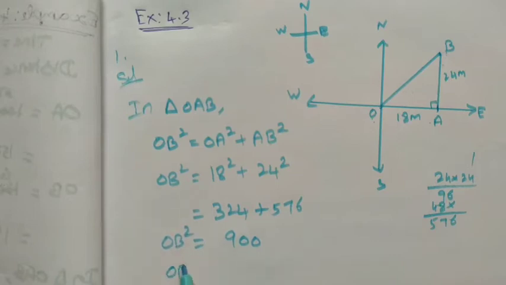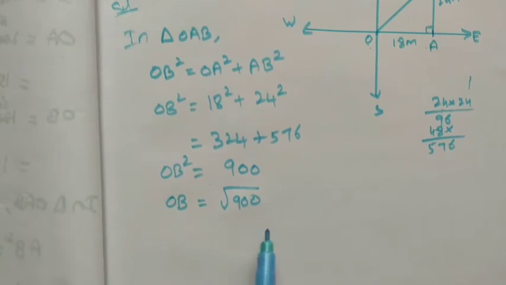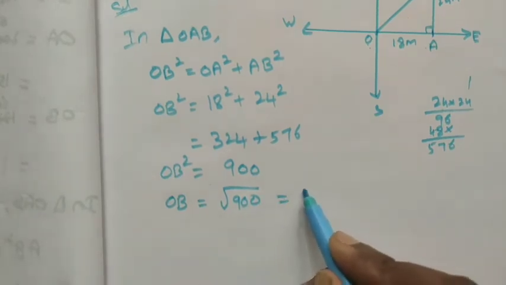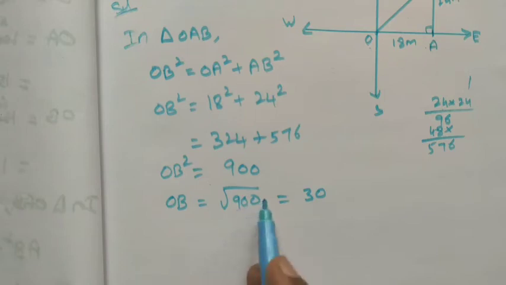Then we want to find out only OB. So taking square root on both sides, here square and root will be cancelled. So we get root 900. This term is equal to 30. Right? 9 is a perfect square number, so we get 3. Here we have two 0s inside the root, so we have to take only one 0. So 30 into 30 is 900.